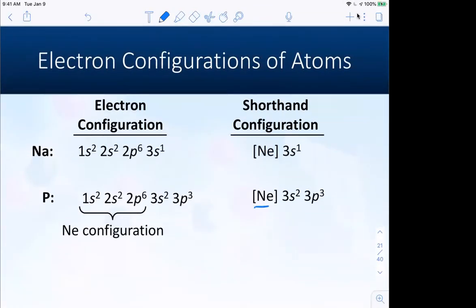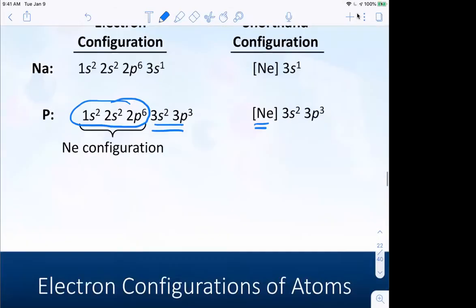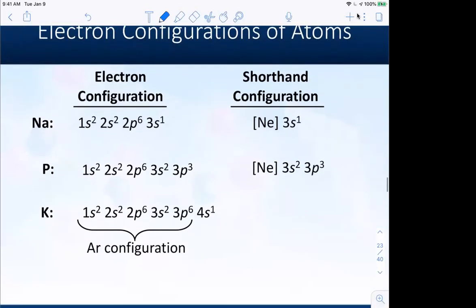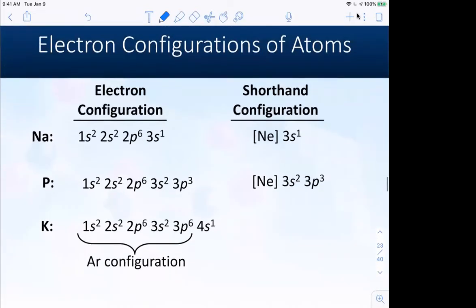I have neon, which indicates all of these electrons, and then I have those valence electrons, right? Those electrons in my outermost shell that are responsible for bonding. That I have a 3s2, 3p3 in order to designate phosphorus in a shorthand configuration. And I can do this for any element on the periodic table.